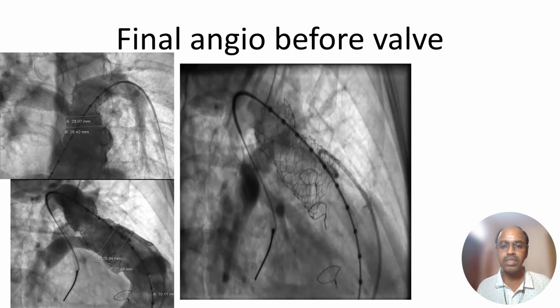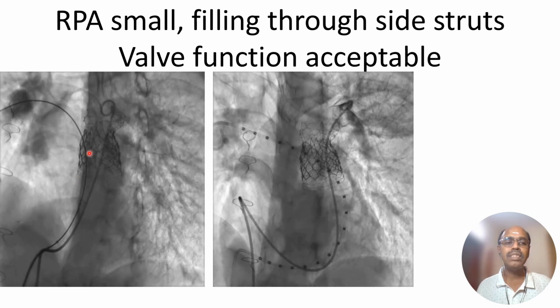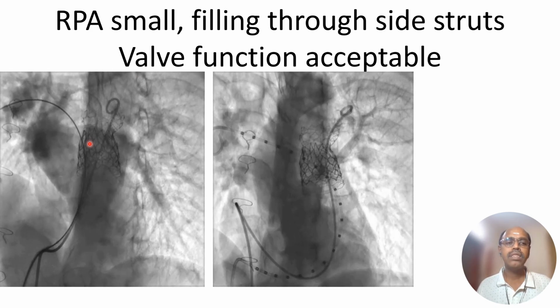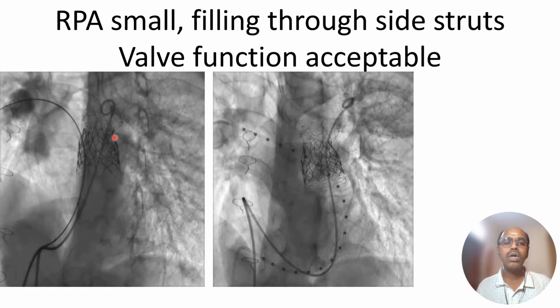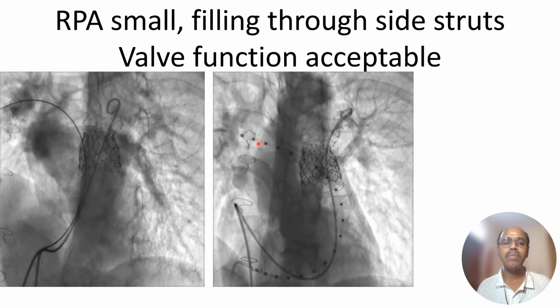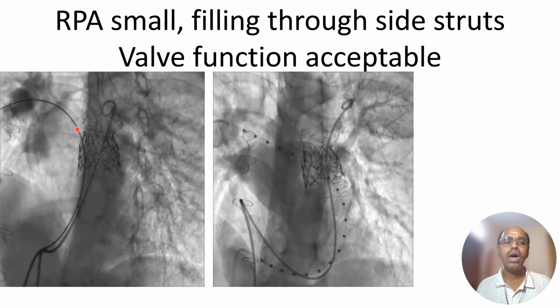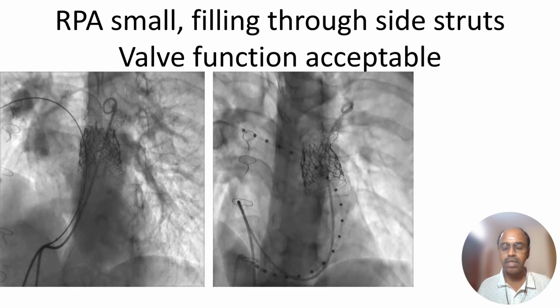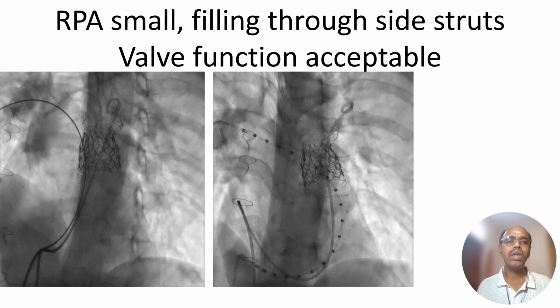Based on the measurements, then choose the valve. After the valve is deployed, the right pulmonary artery origin is appearing a little narrow. So cross through the struts and you find that the RPA origin through the struts of the valve is not having an adequate orifice.